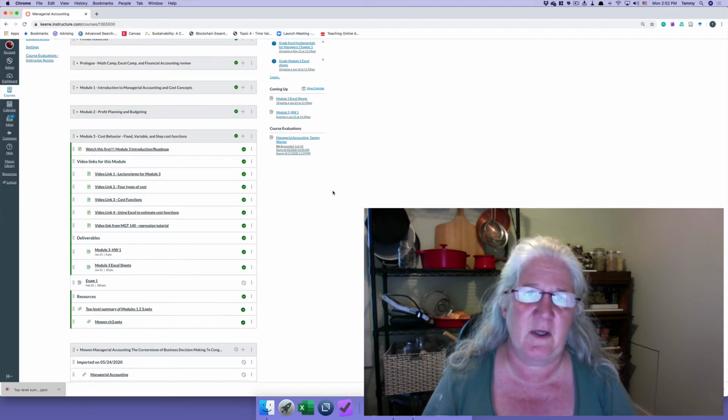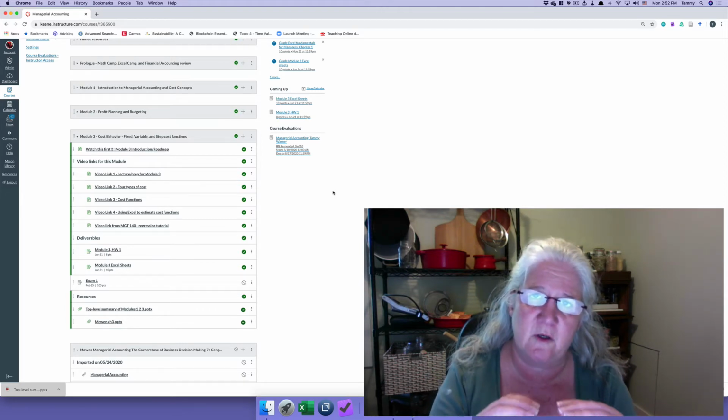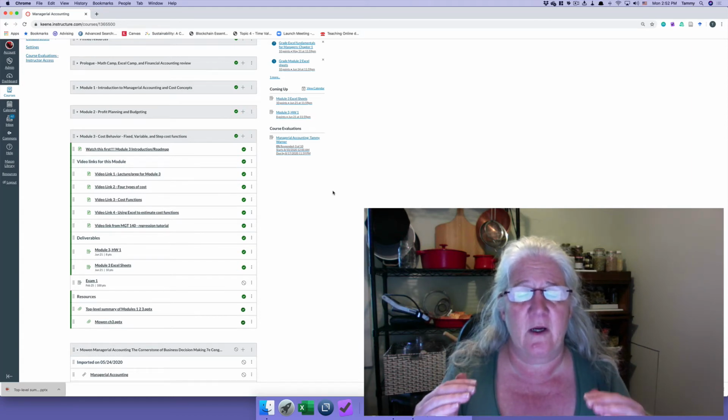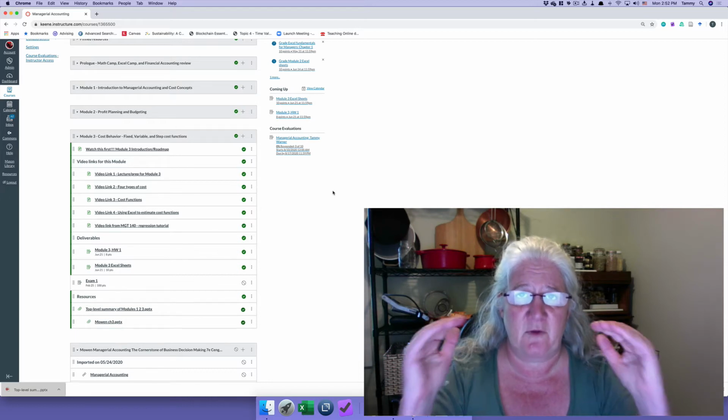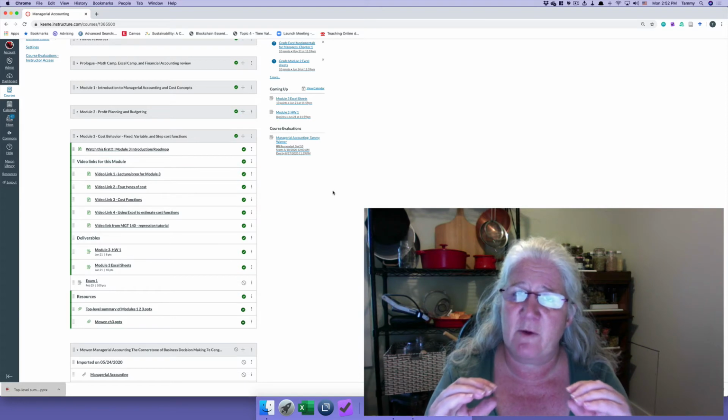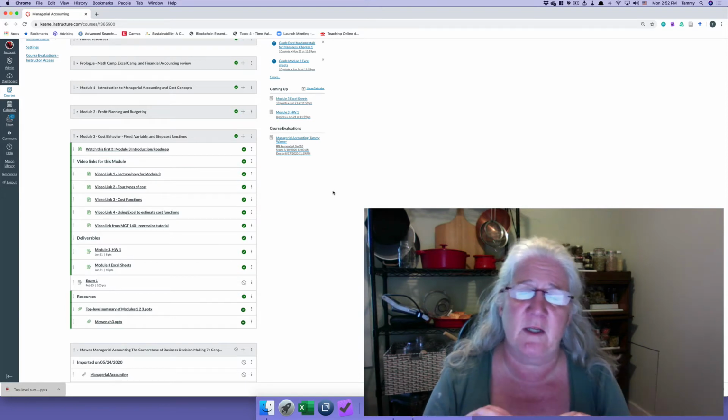But really, what we wanted to get at was a unit cost, which goes into your cost of goods sold. If you think about an income statement, you've got your revenue, you've got your cost of goods sold, and working on figuring out the cost of goods sold was really what Module 1 was about.